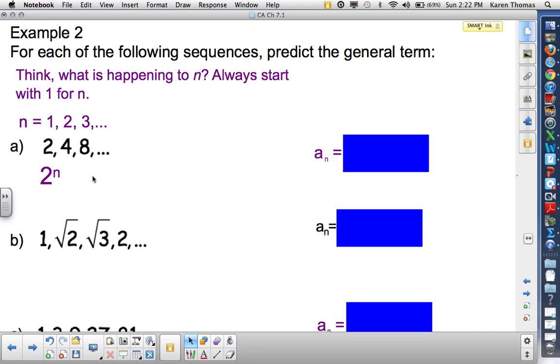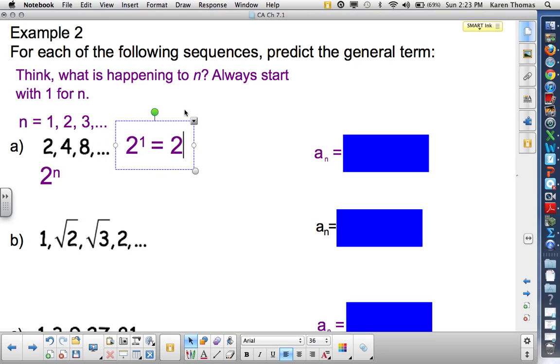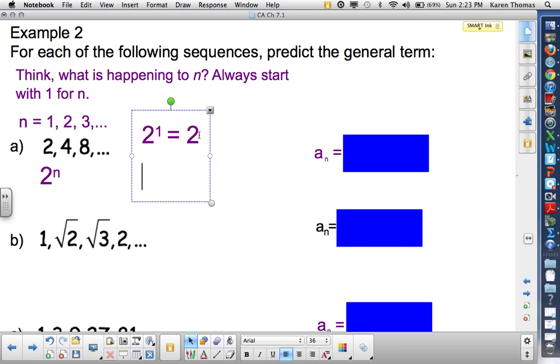Let's see, 2 to the first power equals 2. So that works there for one of them. How about 2 to the second power? That equals 4.